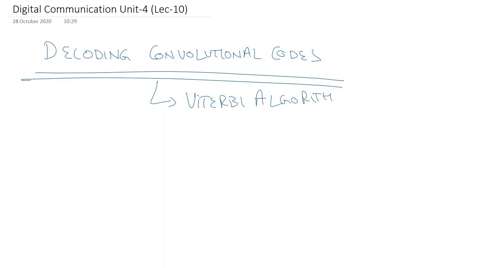There are a few other methods for decoding the convolutional codes, but the Viterbi algorithm method is the most flexible and powerful method for decoding convolutional codes. We'll study the Viterbi algorithm only in our course.